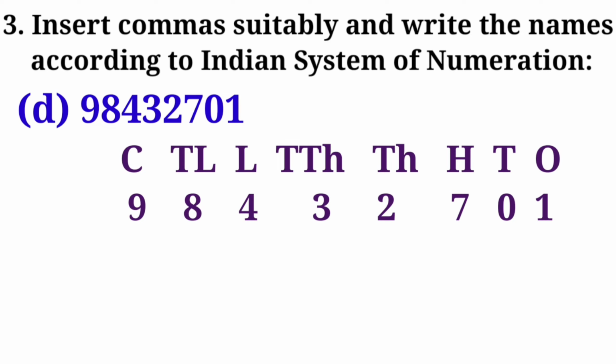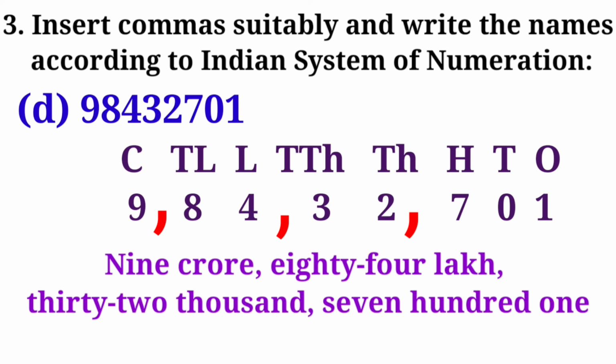Now to place commas, the first comma will come before 3 digits from the last, then the second comma will come before 2 digits from this comma, and the third comma will come again before 2 digits from this comma. So the number will be read as 9 crore 84 lakh 32,701.